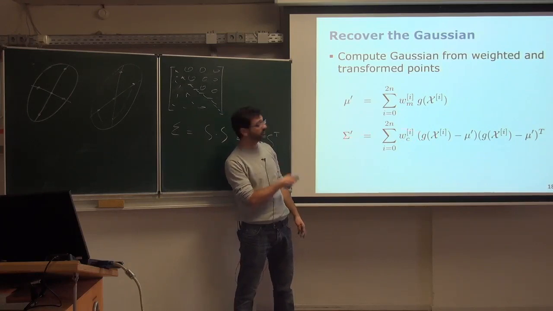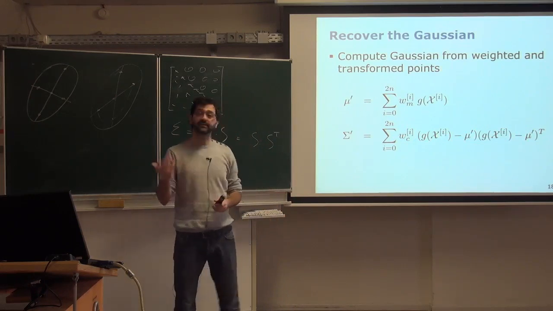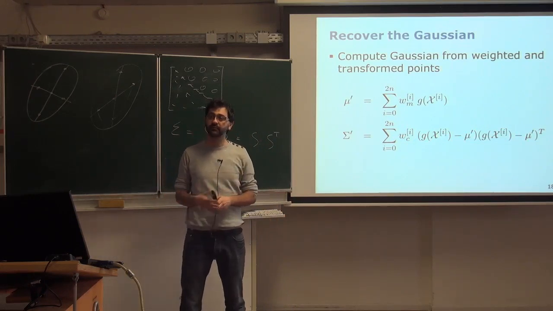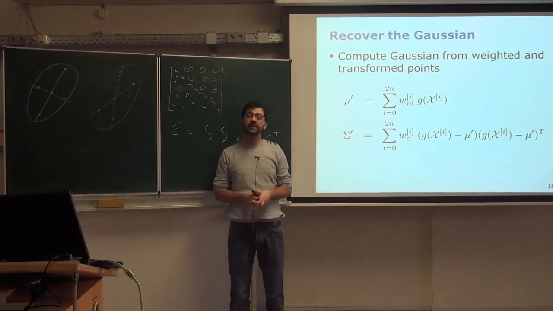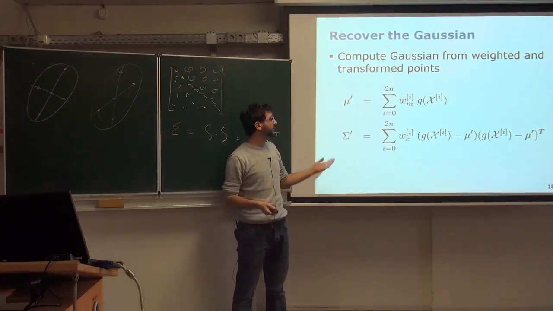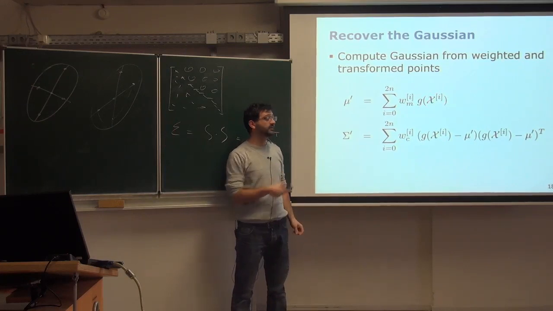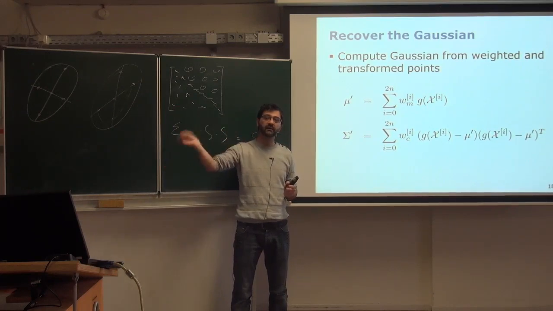We take the mean we computed, and take the difference, the scatter between the sigma points transformed by the function minus the computed mean, times the same thing transposed, and weight it according to the weights that we computed before. Okay? So that's the essence of the unscented transform for propagating uncertainty over nonlinear functions. It boils down to computing the sigma points, computing the weights, transforming the sigma points, and then recovering the mean and the covariance.